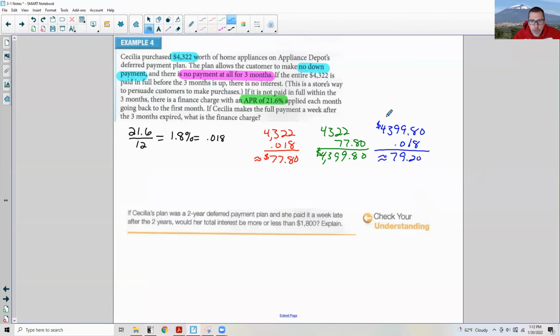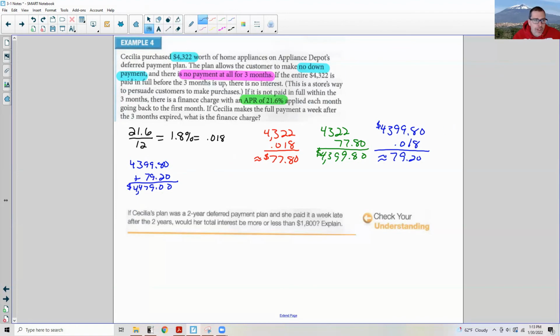Then we take that $4,399.80 and add the $79.20, which is the interest for the second month. And that is going to be $4,479. So the third month's balance is $4,479 before interest is computed.